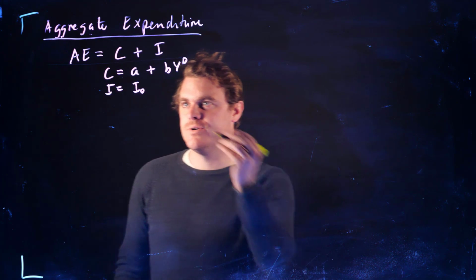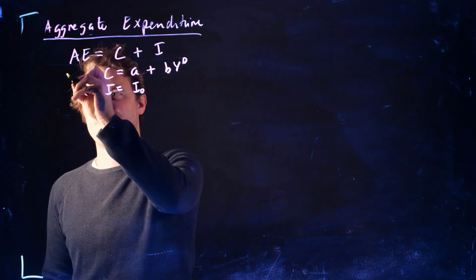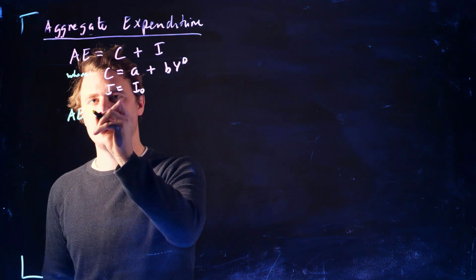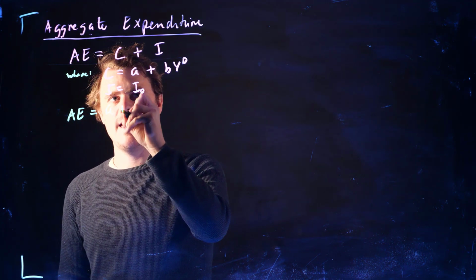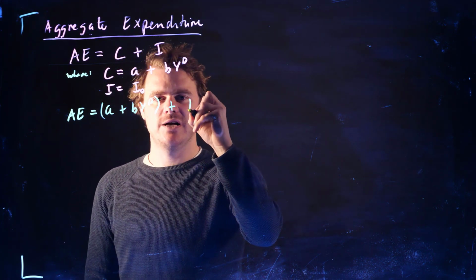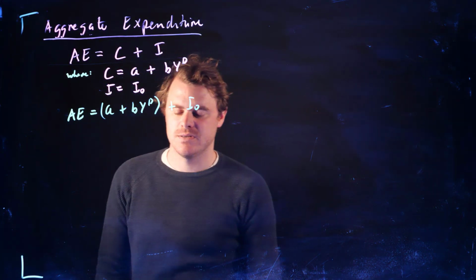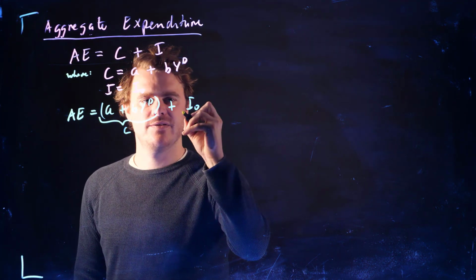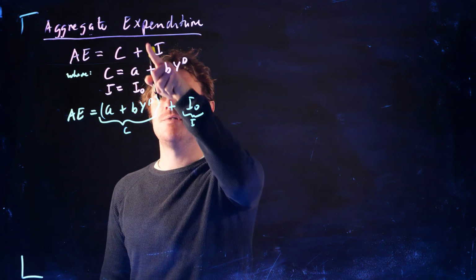If we plug those in, we get AE equals A plus BYD plus I0. This is consumption here, and this is investment here. We're just plugging in our functional forms.